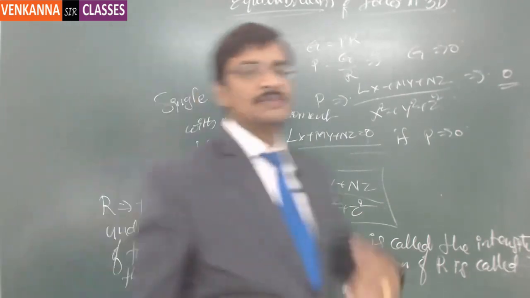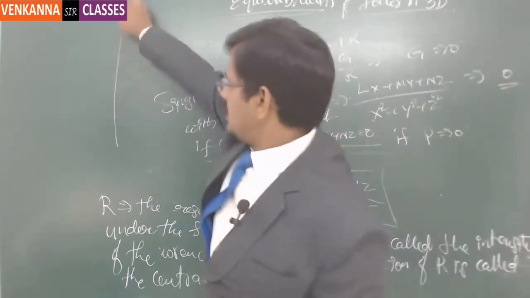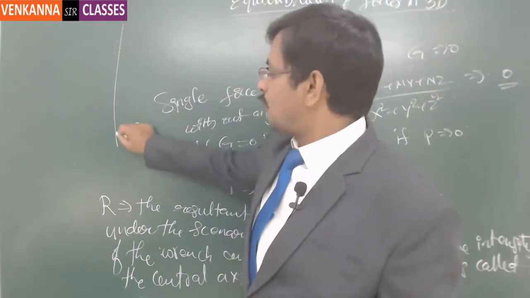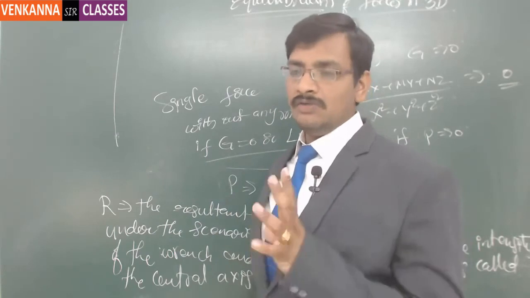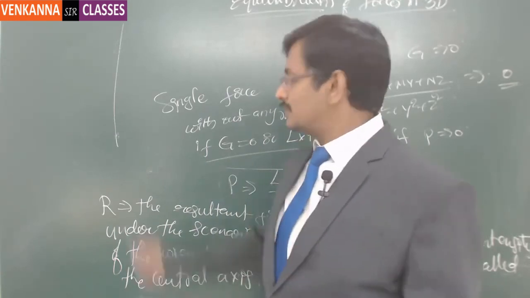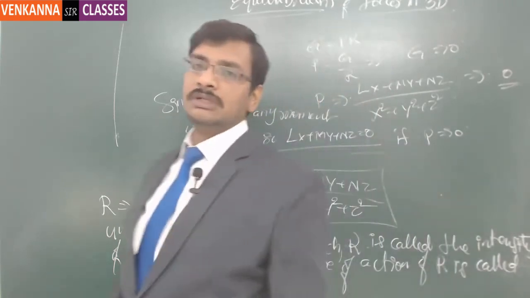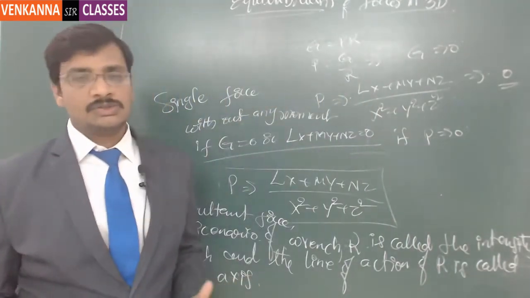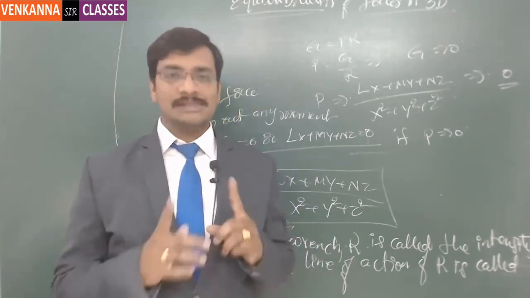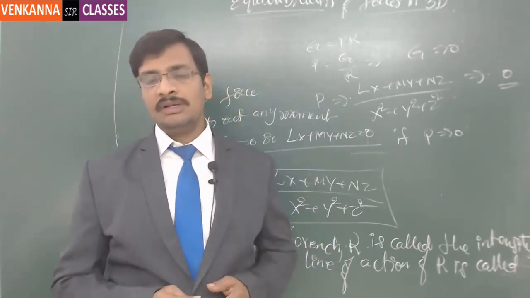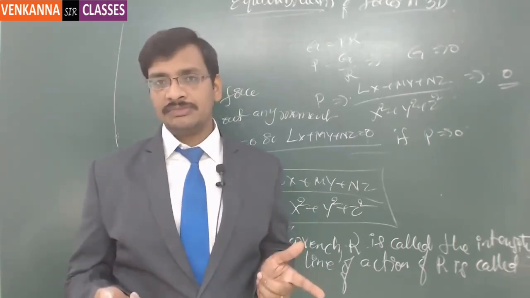So the importance of the central axis is, if you take a point on the central axis as the base point, then the resultant system of forces will always lead to a wrench. We can have the resultant force irrespective of the number of forces. If there are multiple forces, it always results in a single force and a single moment, but these can be in any directions.